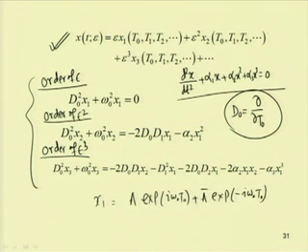Differentiating this with respect to t 1, as a is a function of t 1 and t 2, only this term can be differentiated with respect to D 1, where D 1 equal to del by del t 1. So, only the a term can be differentiated with respect to t 1.